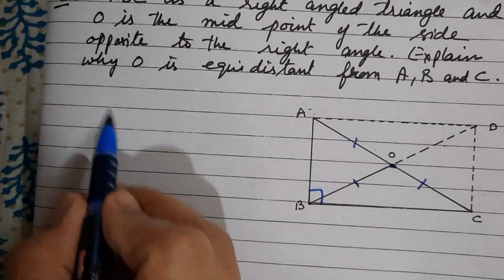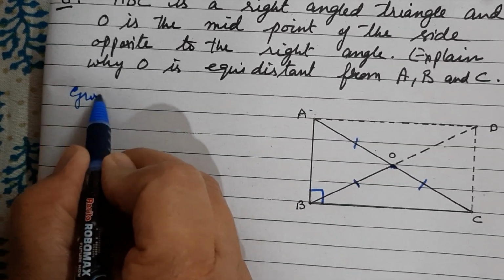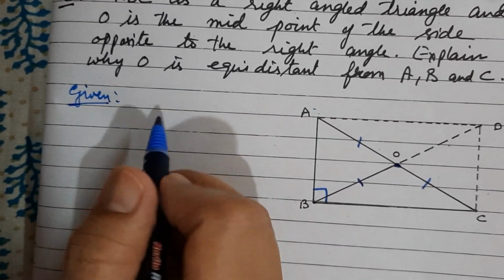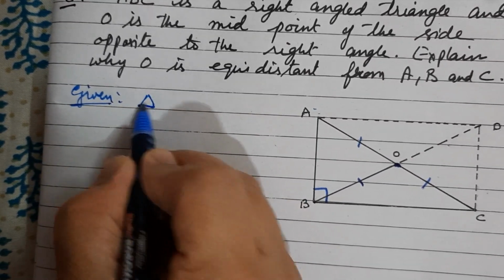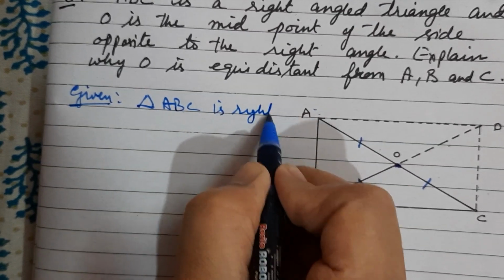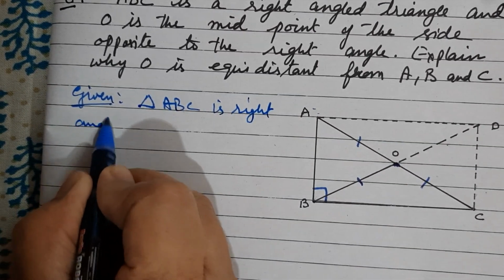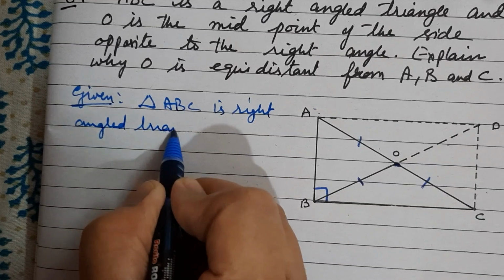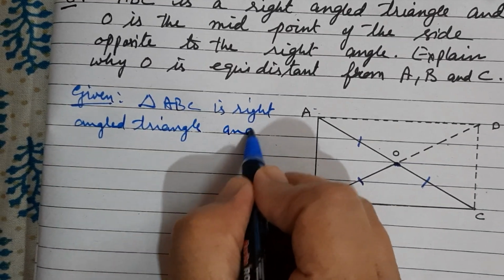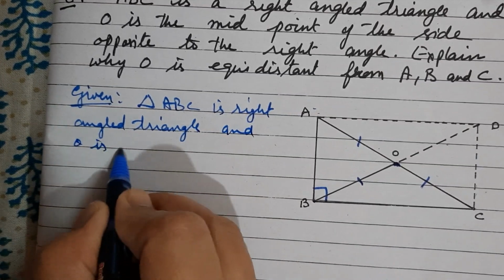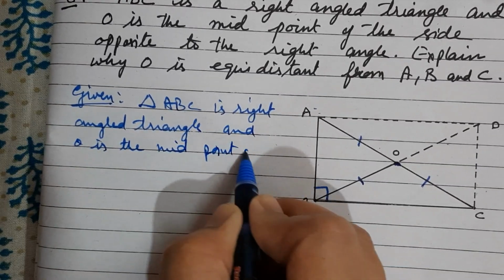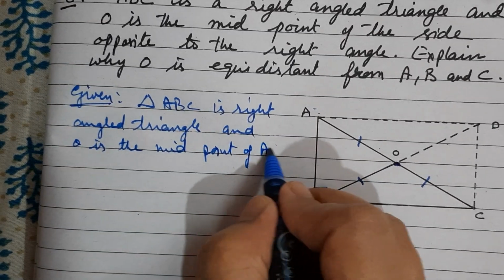First of all, we'll write what is given in the question. Triangle ABC is right angled triangle and O is the midpoint of AC.